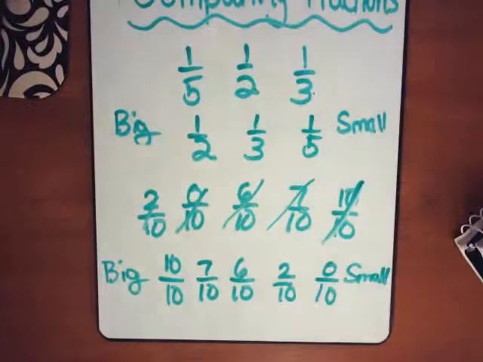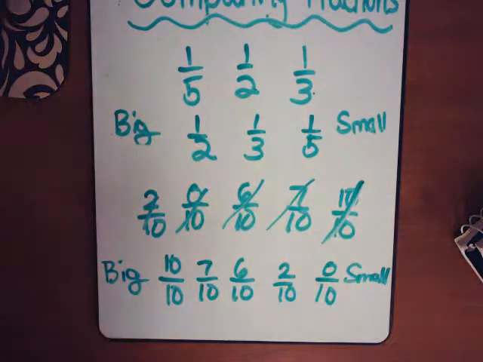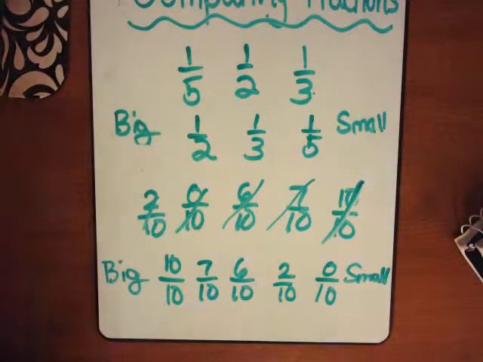Then it's trickiest when we've got unlike denominators or unlike numerators, kind of like what we started with in our math message. I'm going to give you about 10 seconds to finish writing before I erase.